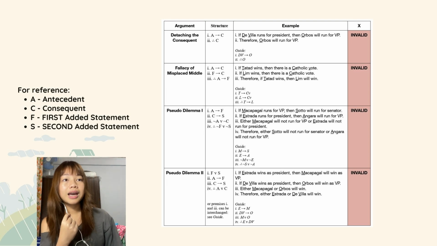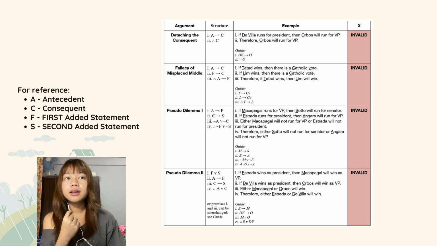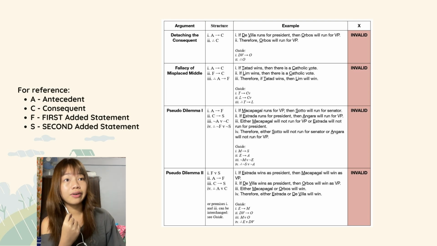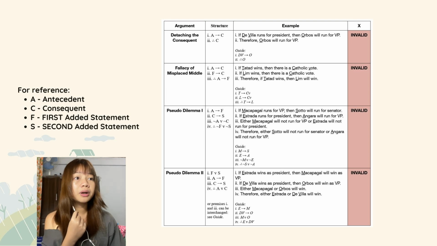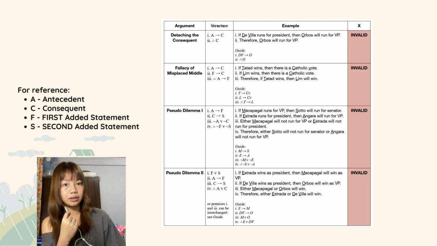And finally, we have pseudo-dilemma 2, which is also an invalid argument form, so we should not confuse these with valid arguments because pseudo-dilemma 2 does the opposite from pseudo-dilemma 1 by affirming the consequence of premise 2 and 3, making the antecedents non-affirmable.